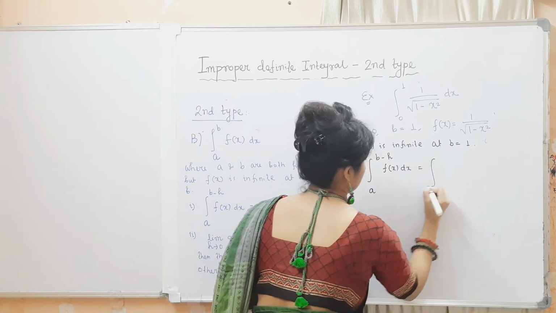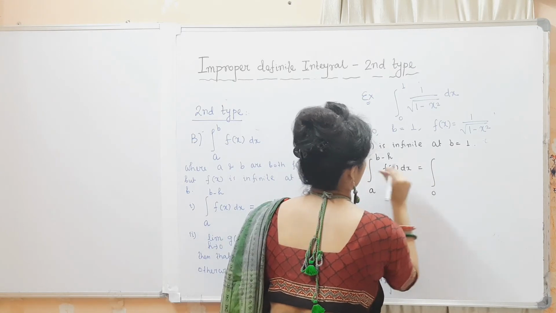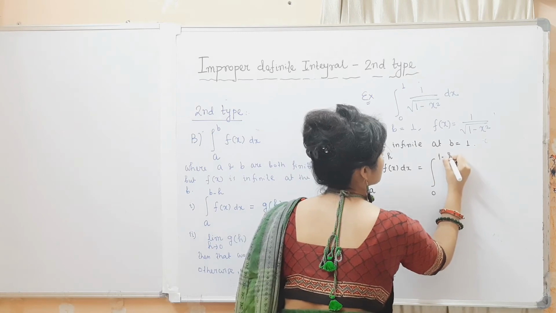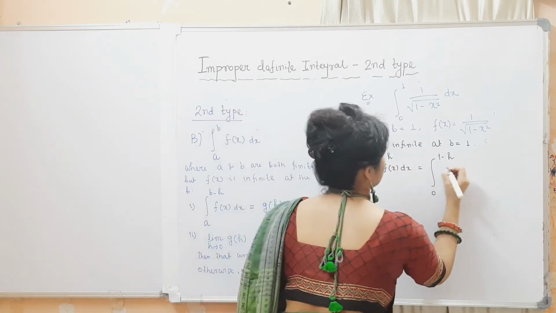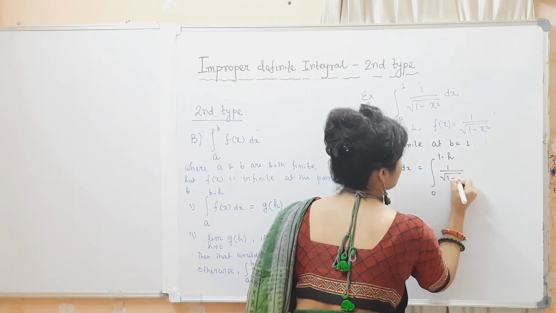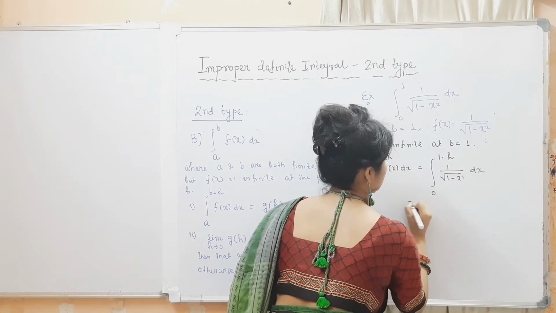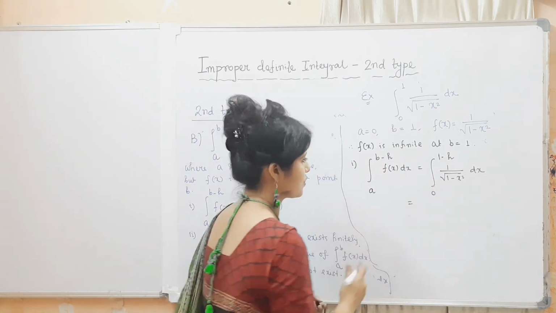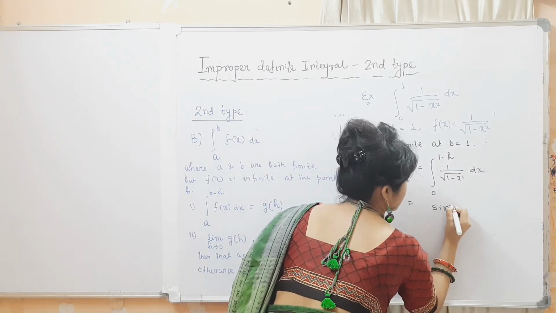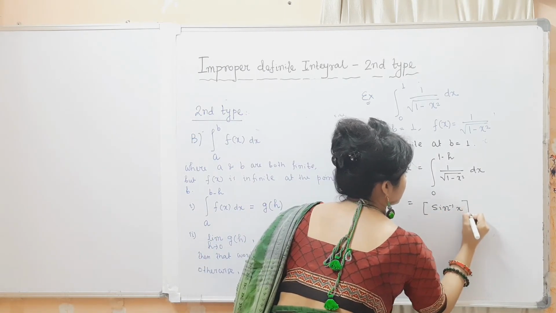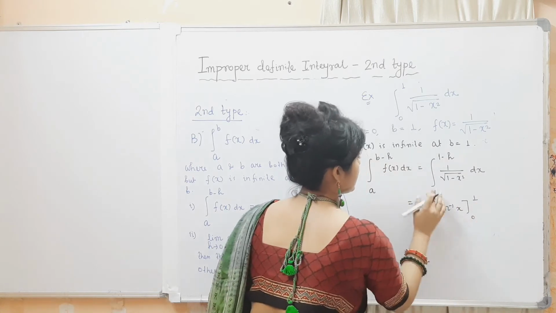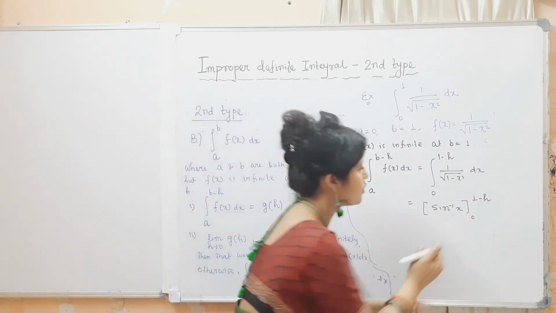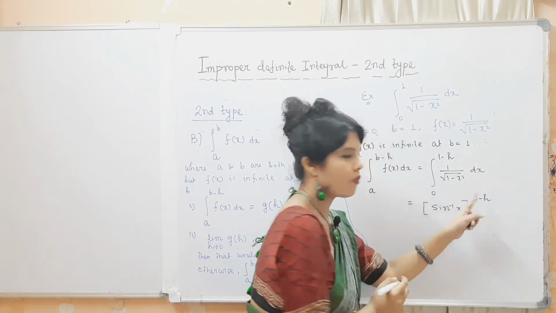So therefore here a is 0 and b is 1, so this is 1 minus h, and f of x is 1 over root over 1 minus x square dx. Now clearly the integral of 1 over root over 1 minus x square means sin inverse x after integrating, and the limits are 0 to 1 minus h.